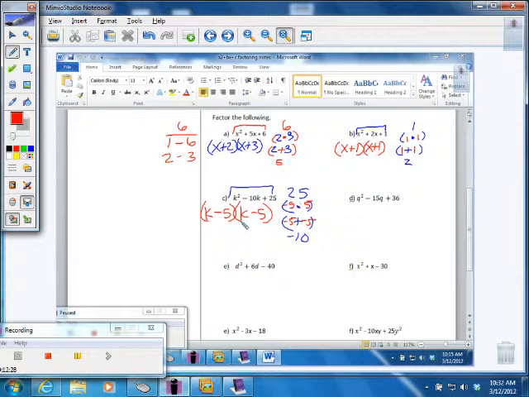Yes. Now, let's look at D. I had some people that would struggle a little bit with D. Again, it's a trinomial. Same thing. First times the last, add to the middle. So I need two numbers that multiply to give you 36, but add to give you negative 15. Now, if you're struggling with this, go through the factors of 36. 1 and 36. 2 and 18. 3 and 12. 4 and 9.